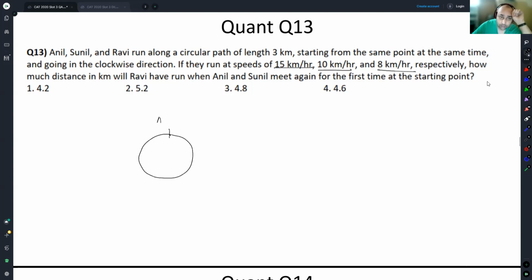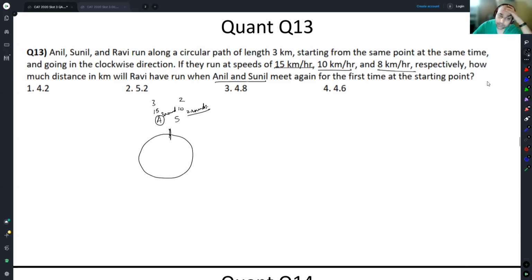Okay. Anil and Sunil. I only care for Anil and Sunil because they are meeting for the first time at the starting point, so on and so forth. Anil's speed is 15. Sunil's speed is 10. Okay. The ratio of their speeds is 3:2. So in the time that Anil completes 3 rounds, he will complete 2 rounds.